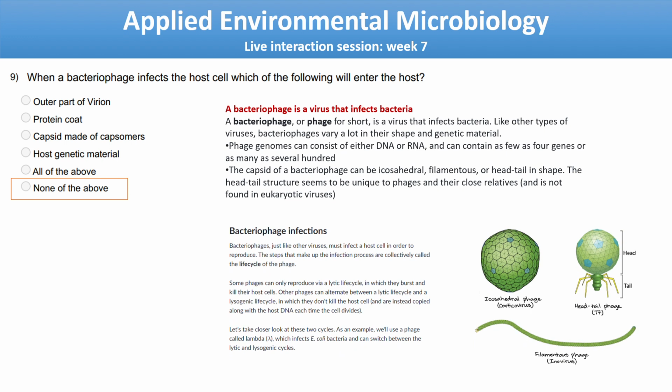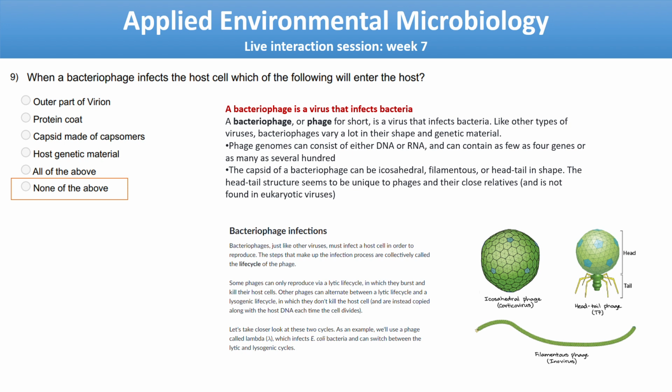If we go by structure, it can be of different types of shapes. Generally this phage contains DNA or RNA as its genetic material, and this genetic material has few genes, ranging from a few to a few hundred, depending on whether it will exploit the host machinery for its replication.